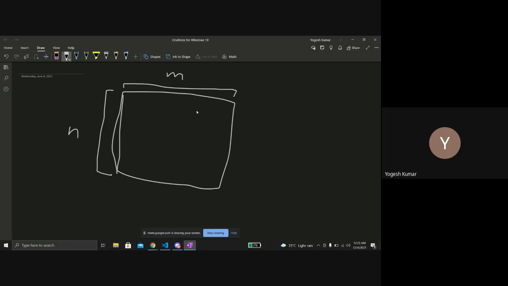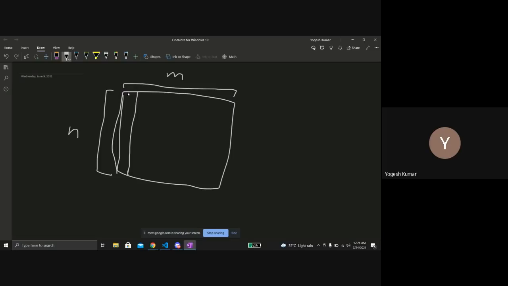For this case, just leave this column for a minute. If you don't consider this column, you can fill the rest only in the case where you have an even number of horizontal dominoes, because that's the same case as where both n and m were even. If we exclude this one column, this is the same as the previous case.